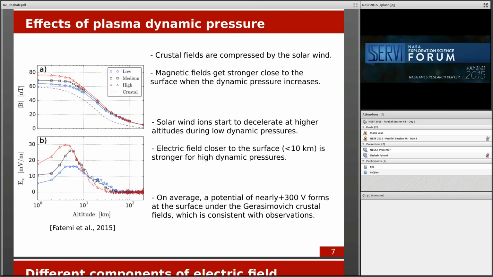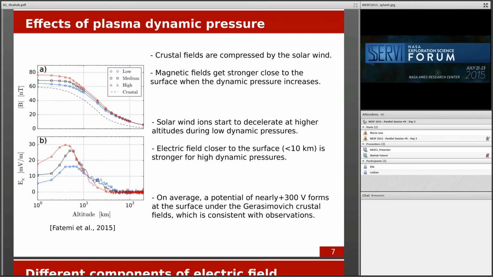At the bottom, we compare the electric field from the 3 different simulation runs. This electric field, which is pointing away from the moon, starts decelerating solar wind from nearly 50-kilometer altitude. We see that the field for low dynamic pressure is not as strong as that for high dynamic pressure.